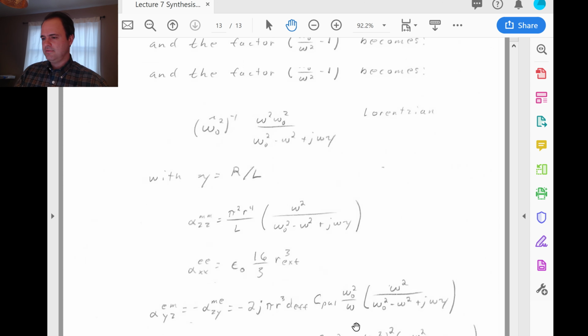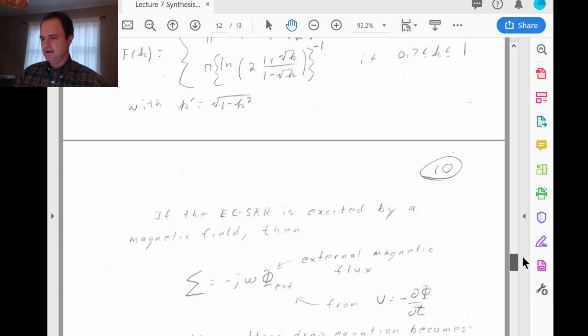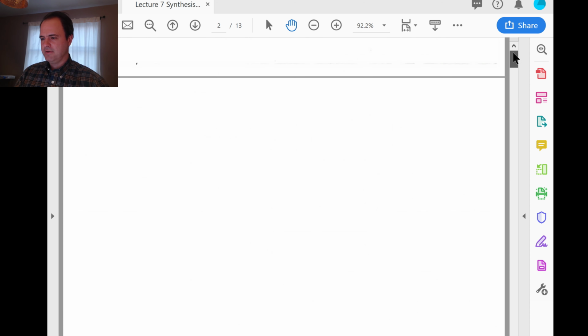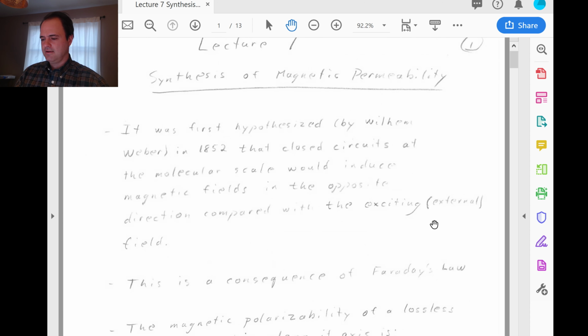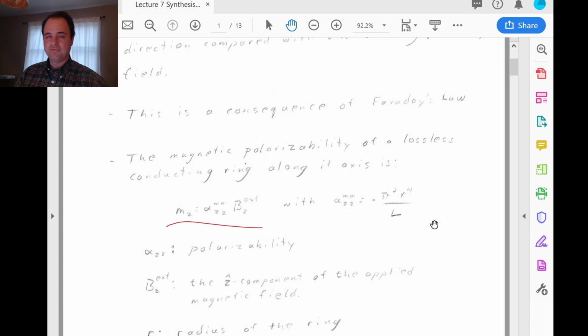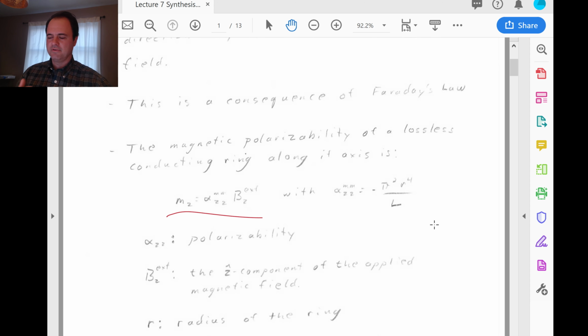So this is Pendry's big discovery, basically looking at how to mimic the negative permeability that diamagnetics have via the molecular orbitals of their electrons, but really increase it a lot, so you can have a large diamagnetic behavior.